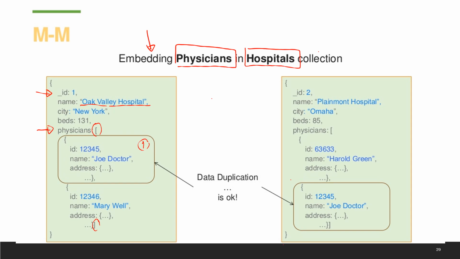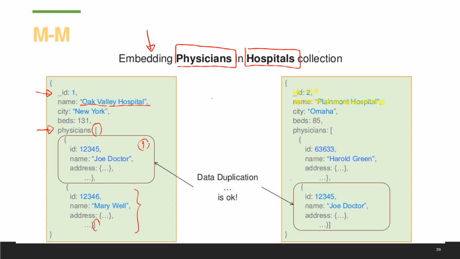And then you can see there is another subdocument, okay, which is for the doctor 12346, whose name is Mary, and so on. Then if we look at the right-hand side document, we can see that it is for the hospital Plainmont Hospital, okay, with the ID number 2.